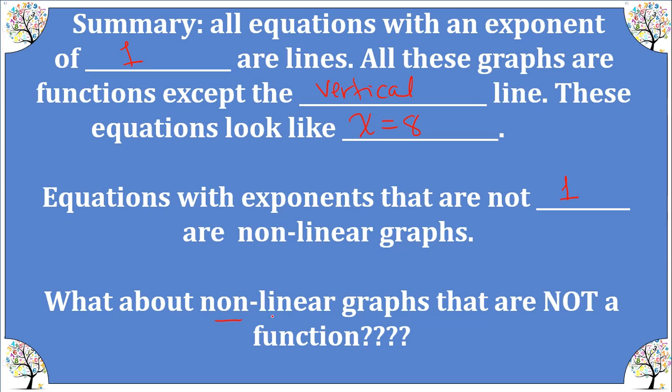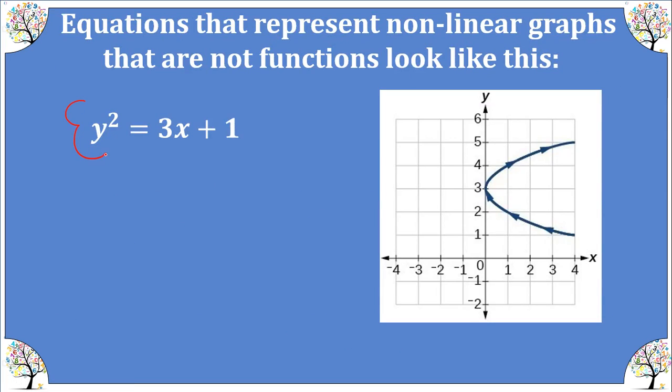So what about a nonlinear graph that's not a function? We've not talked about that. So this is what that looks like. Just write this in your notes. When your square or your cube is on the y, the normal parabola or cubic is going to be turned sideways, making it nonlinear because it's not a line, and not a function because it doesn't pass the vertical line test.